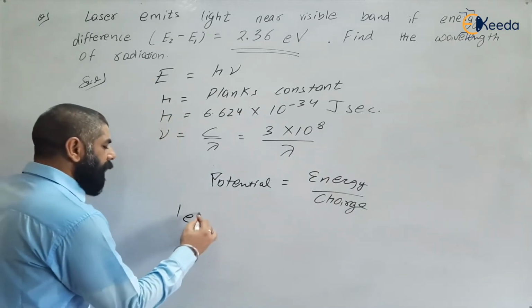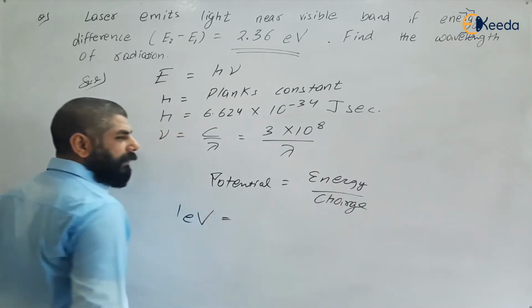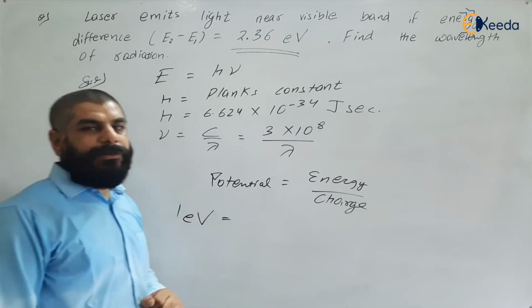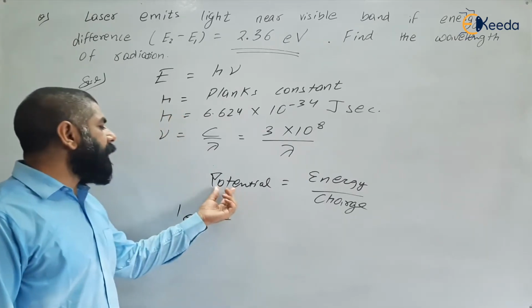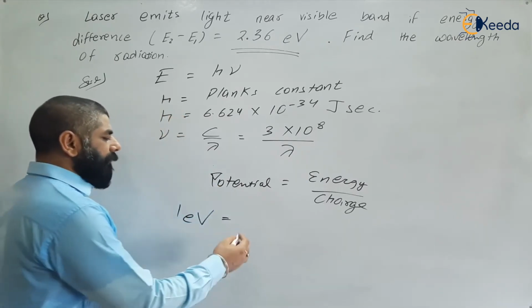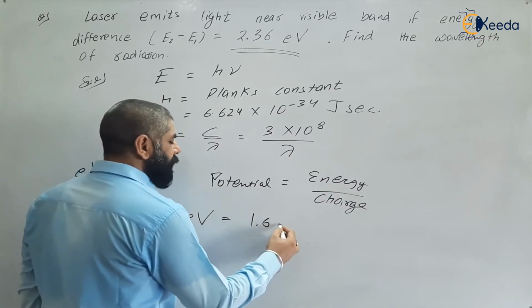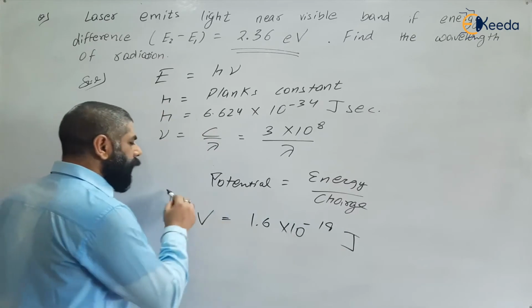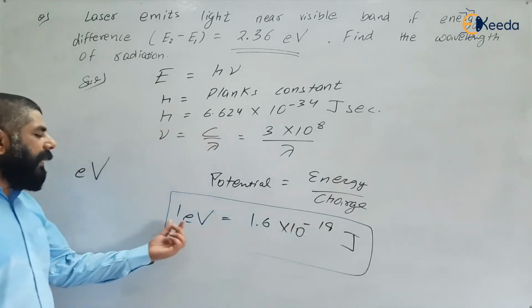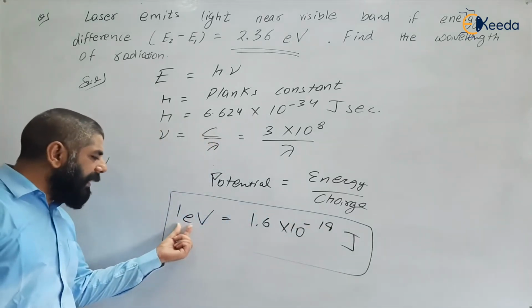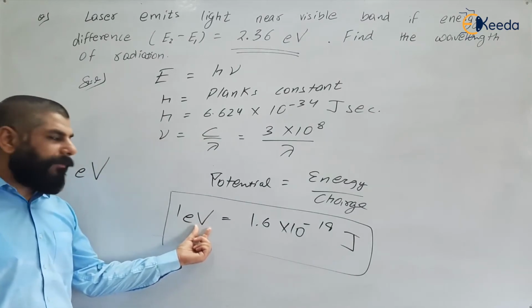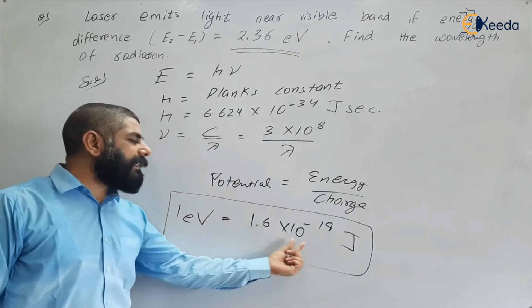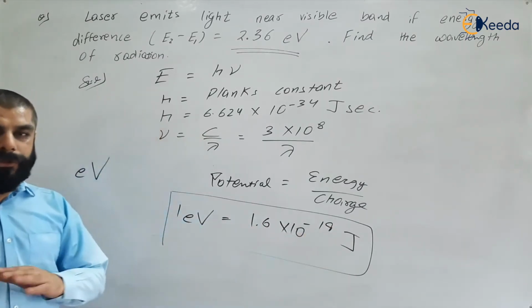So what is the charge of 1 electron? That is 1.6 into 10 raised to minus 19, moved through a potential difference of 1 volt. So 1.6 into 10 raised to minus 19 joule. So 1 electron volt is the amount of energy required to move 1 electron through a potential difference of 1 volt, which is equal to 1.6 into 10 raised to minus 19 joule.